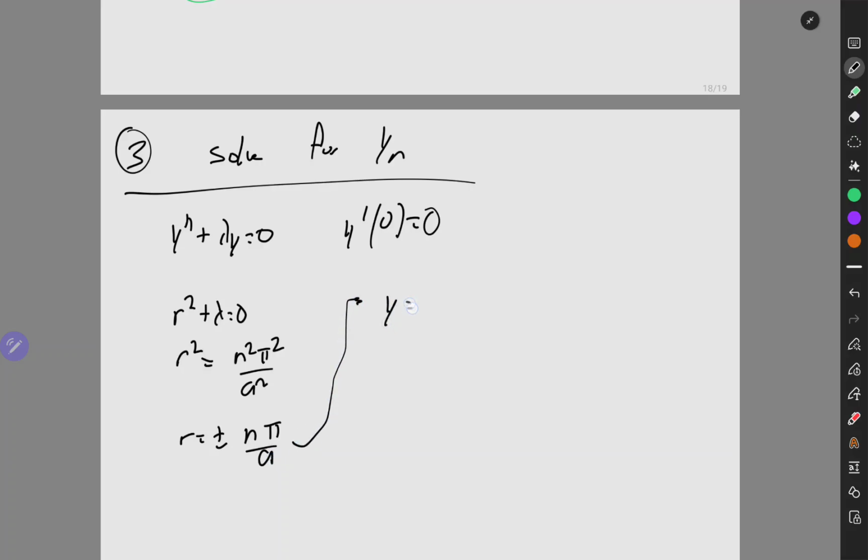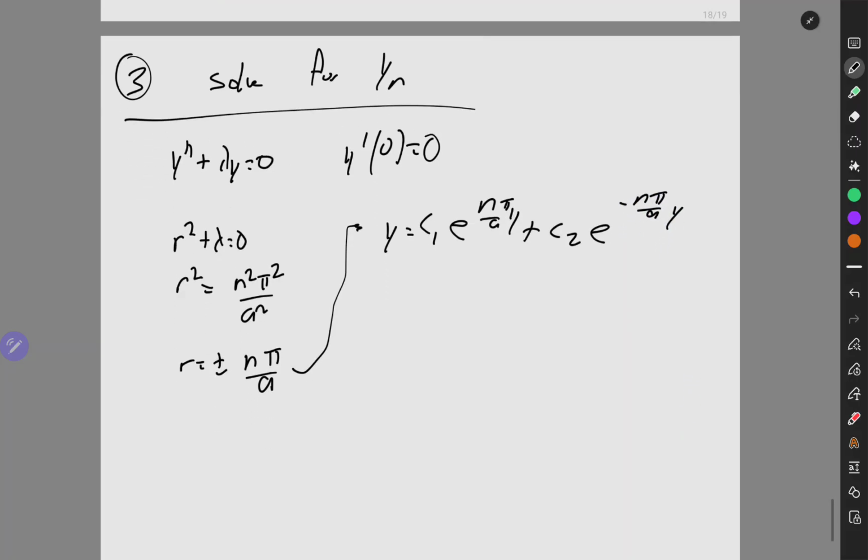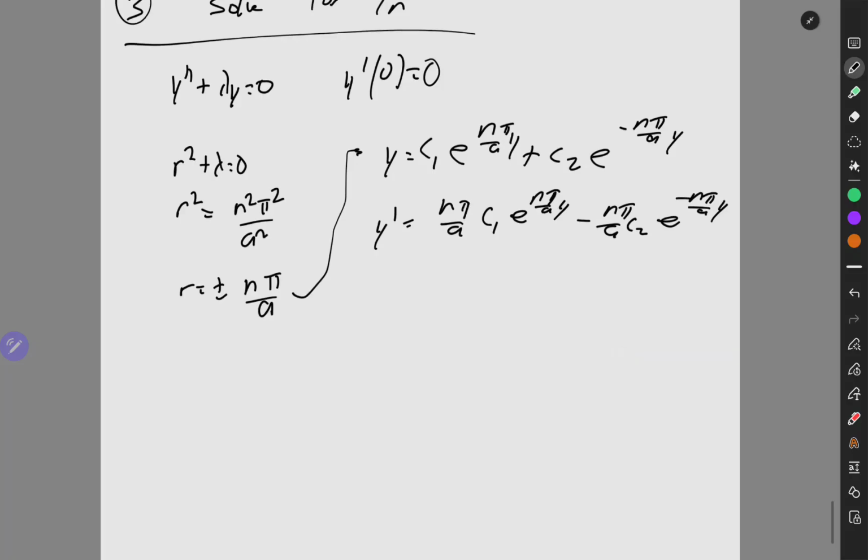We have one of these again. Fantastic. So we're going to need y prime for the boundary condition.